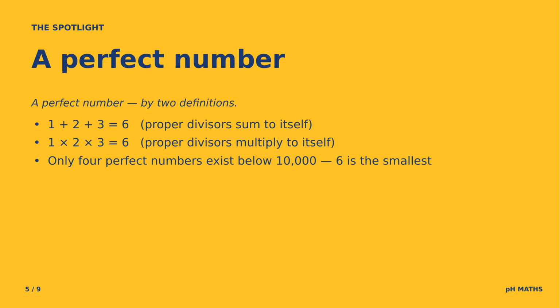Definition 2. Multiply those same divisors. 1 times 2 times 3 is 6. So 6 is both the sum and product of its own factors. There are only 4 perfect numbers below 10,000, and 6 is the smallest. The others, by the way, are 28, 496, and 8,128.